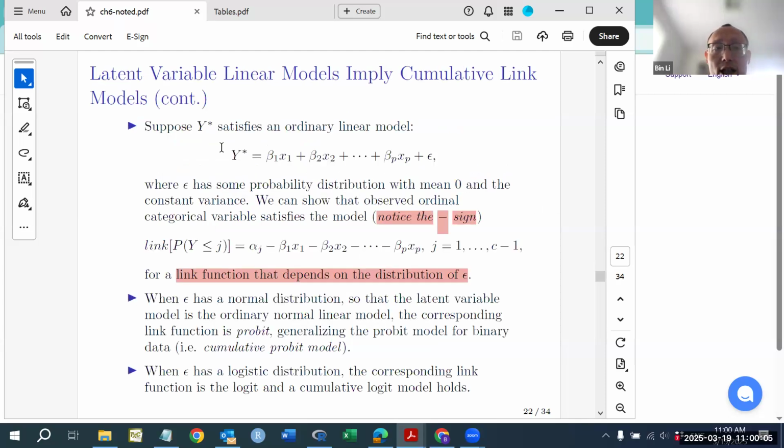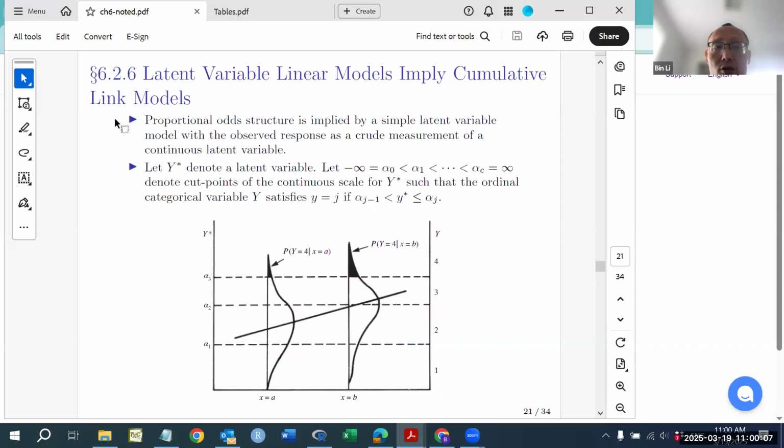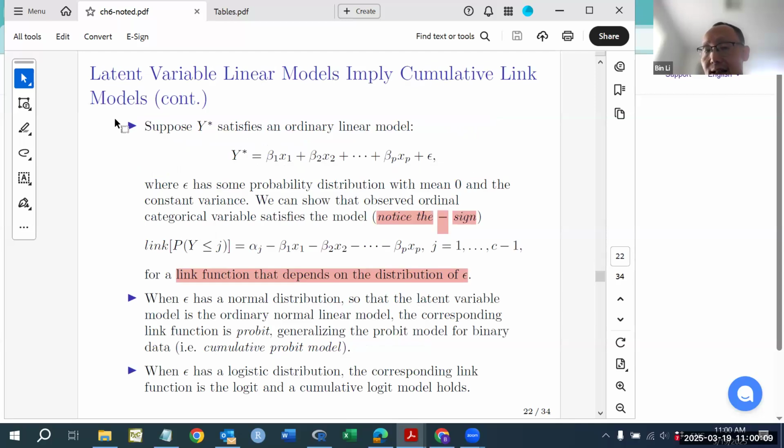If we model through the latent variable, just as I said, then the latent variable model is this one. Remember, this is the latent variable model, that's the y star. But what is the logit cumulative link model?